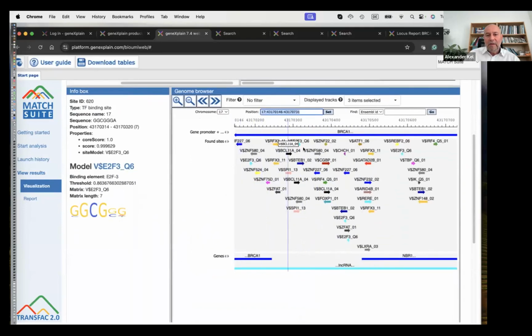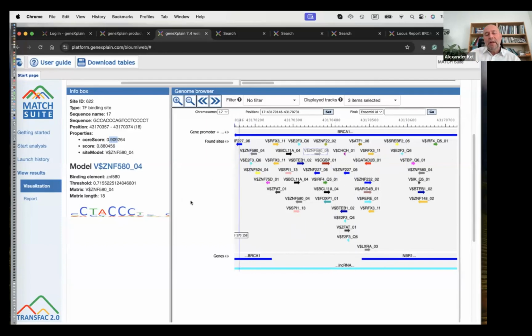And if you click on each of that binding site, you see the consensus, the logo plot of that motif. You see the score of that site, and the highest score is 1.0, and if it's 0.88, it's pretty high. And there is a core score, the score of the core part of that site, which is also very important for the binding.